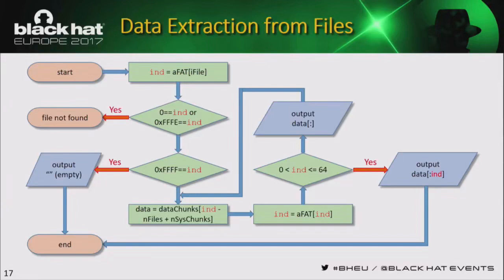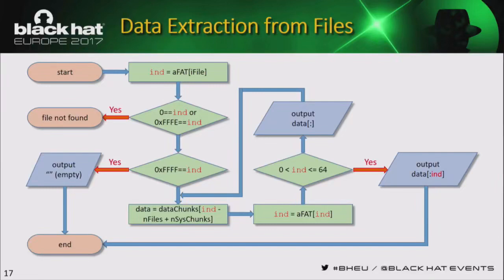And if that value is less than or equal to 64, then this is the last chunk in a sequence, and you need to output the specified number of bytes to the output stream, and file processing is finished. Otherwise, you need to output the whole chunk and repeat the process.